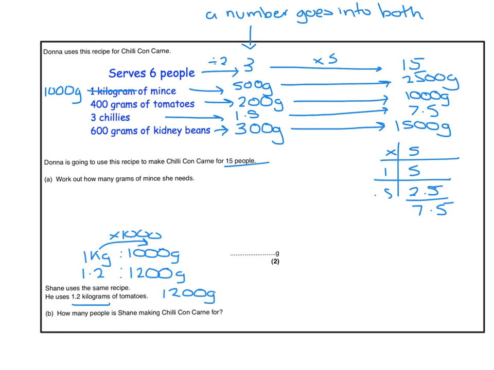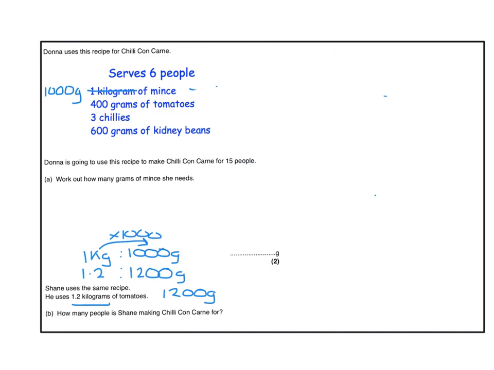Okay, I'm just going to erase the working out for the previous question. So this time we've got 1,200 grams of tomatoes. So I need to think, well, what did I do to get from 400 to 1,200?